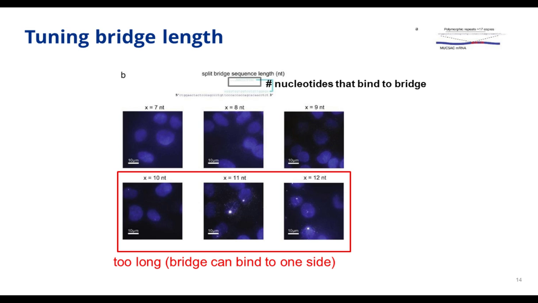So we first tested whether the probe by itself gives off fluorescence. And we tuned the length of the dangling sequence or wing sequence, what we call here the split bridge sequence, varying its length from 7 nucleotides up to 12 nucleotides.